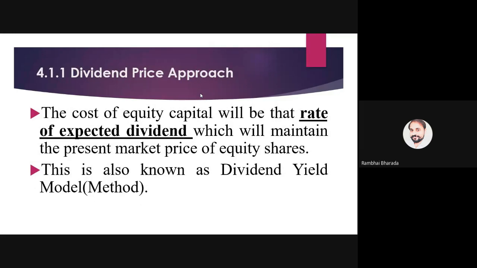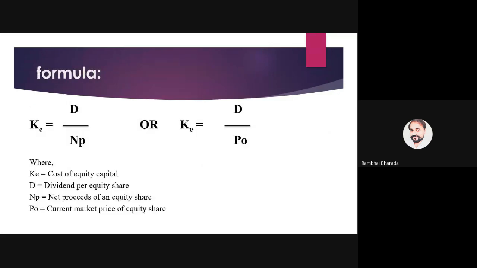Okay. First of all, write down the formula. Ke is equal to D, where D means dividend per equity share. The other terms I will explain later on. First, focus on our formulas. I will explain that concept with the practical numbers, so it will be easy to understand. Ke is equal to D divided by NP. NP means net proceeds of an equity share.